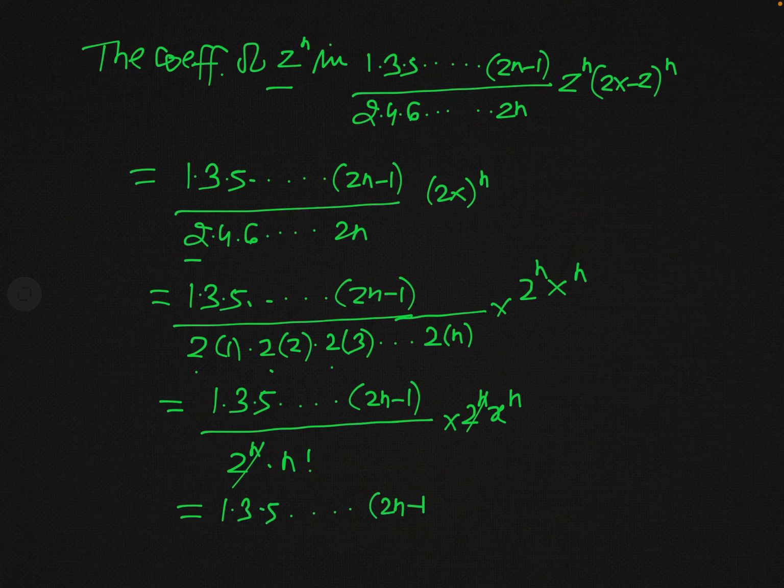And so we will get 1 into 3 into 5 into so on into 2n minus 1, divided by factorial n into x to the power n. So this is actually the coefficient of z to the power n in this term, you can see.